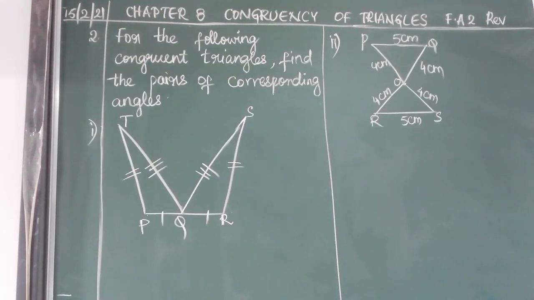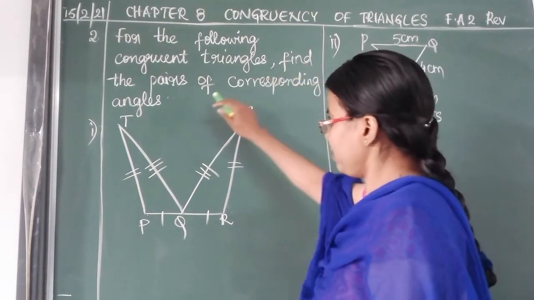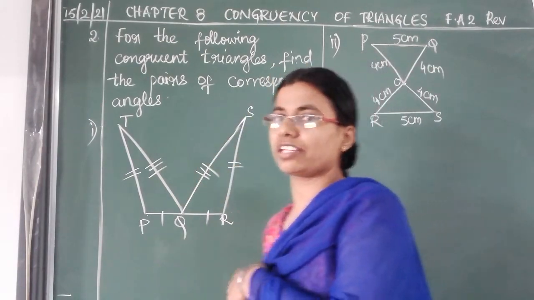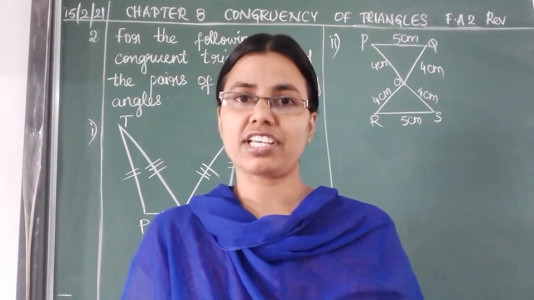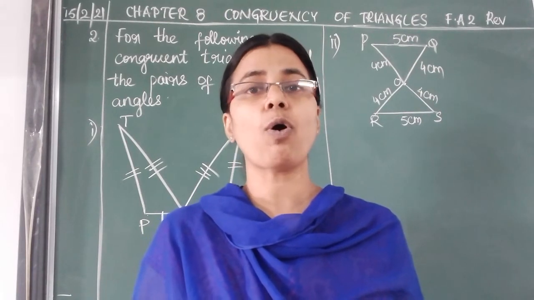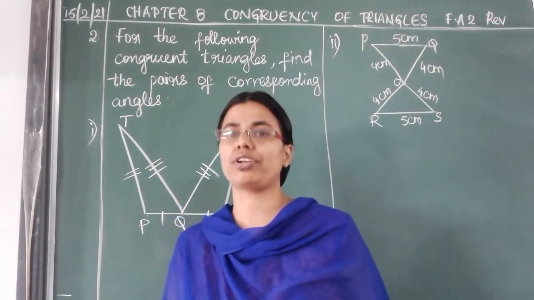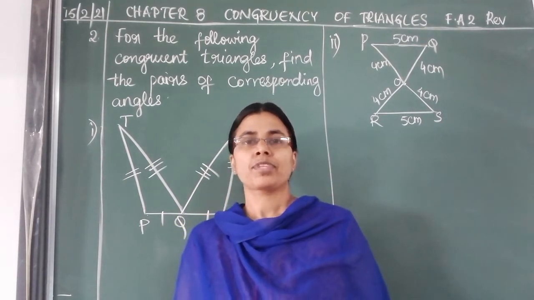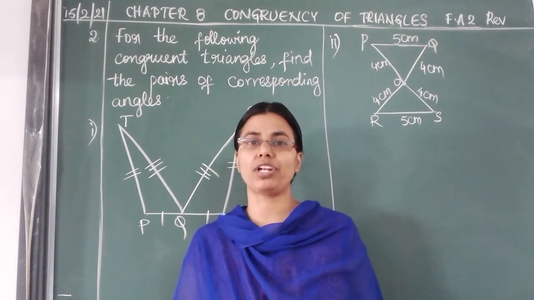So now the second question is, for the following congruent triangles, find the pairs of corresponding angles. Congruency of triangles we were discussing. So when two triangles are congruent to each other, all its parts will be equal. How many elements are there for a triangle? 6. Very good. So all the 6 elements should be equal to each other.